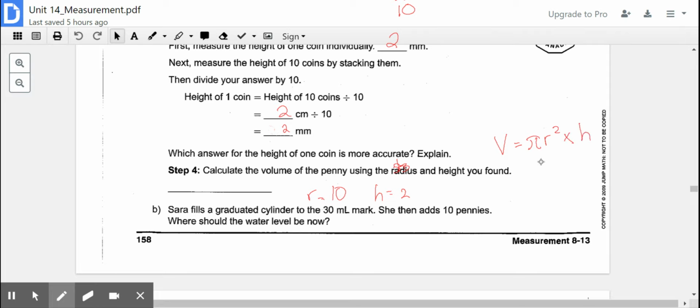So the area of the base is pi times the radius squared. It's 3.14, using my calculator, times 10 squared. I get 314. And the height is 2, so times 2, that's going to be 628 millimeters cubed. That's my volume of 1 penny.